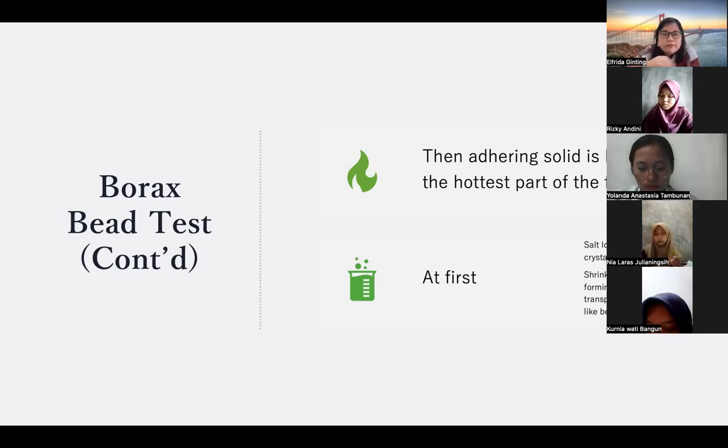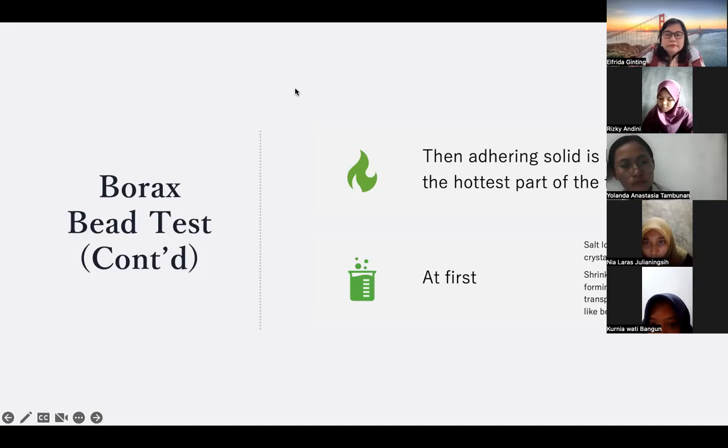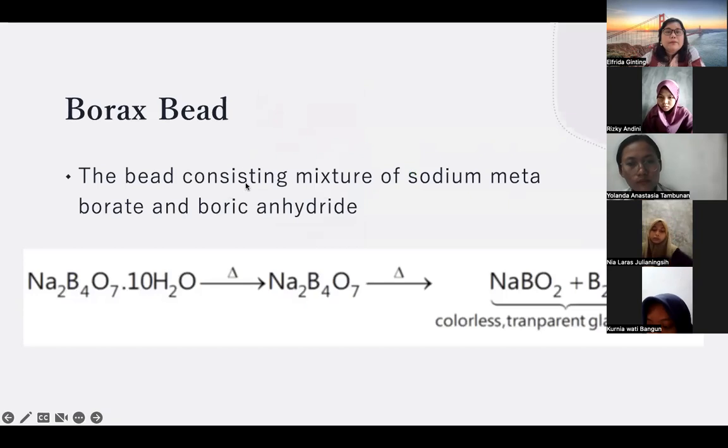Okay, finished this one. Now how about this one?